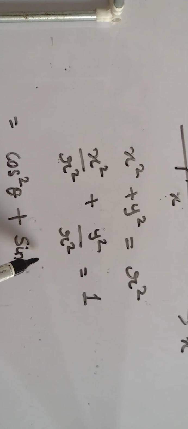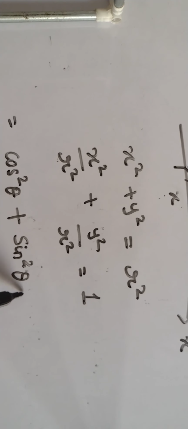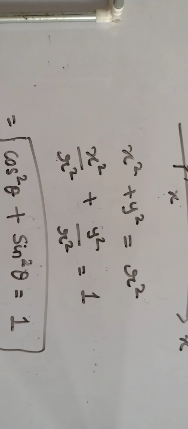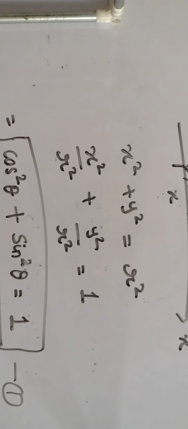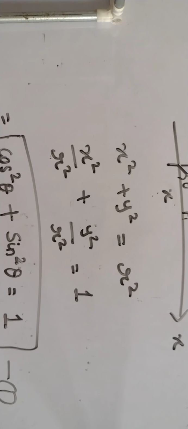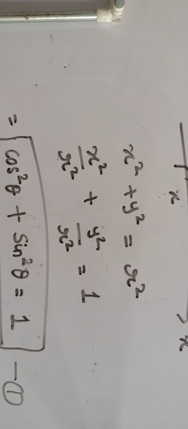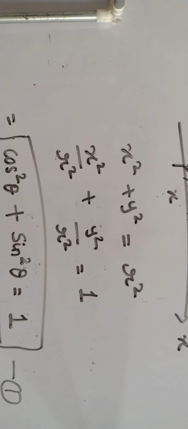So y square upon r square is sin square theta, and that is equal to 1. So I am able to derive the first fundamental identity. Are you following it? We have successfully derived the first fundamental identity.